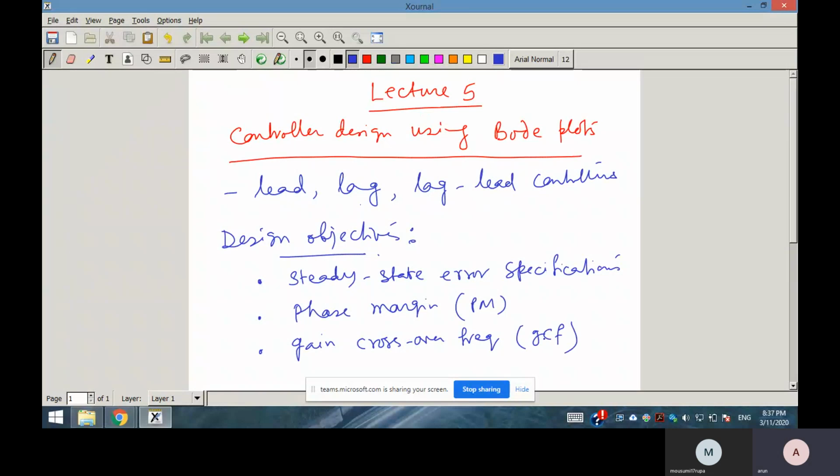So these are the three specifications we want to meet here. Other specifications, for example, gain margin and all these things, those we have to post check.